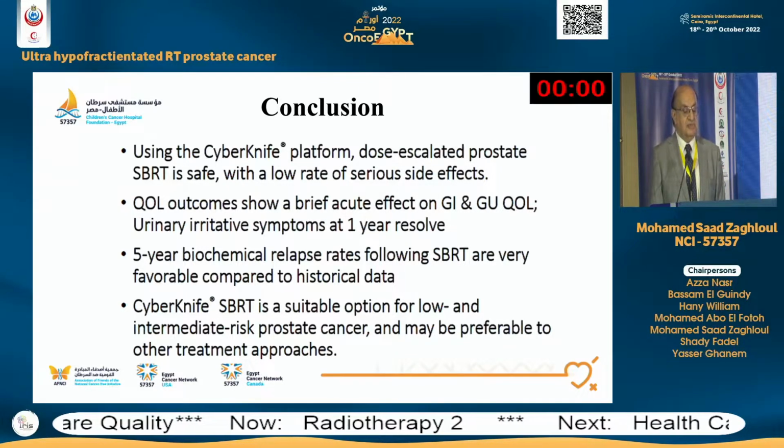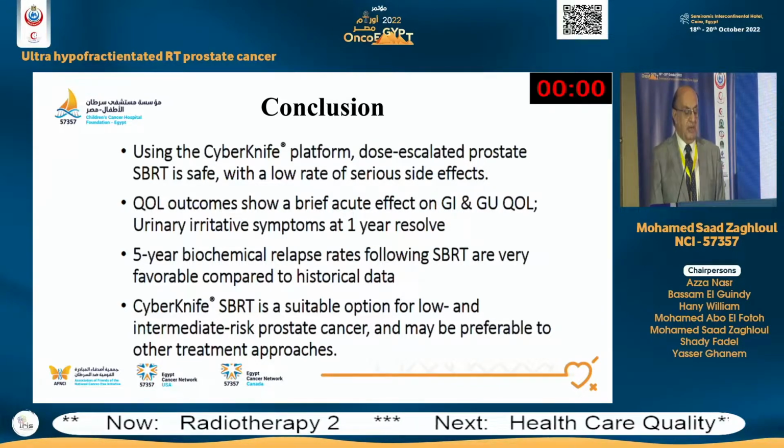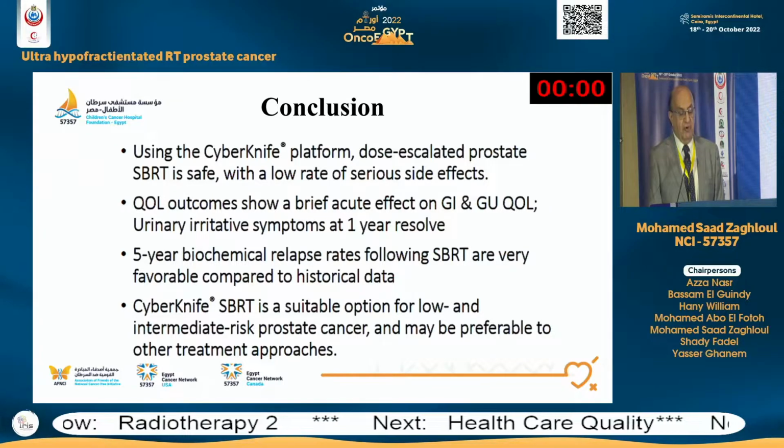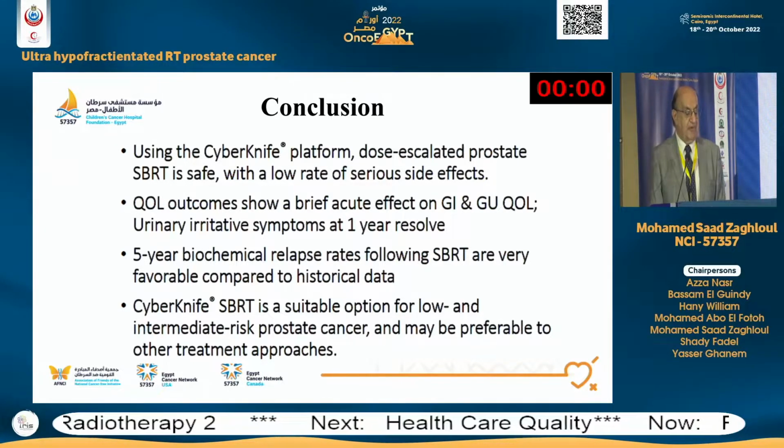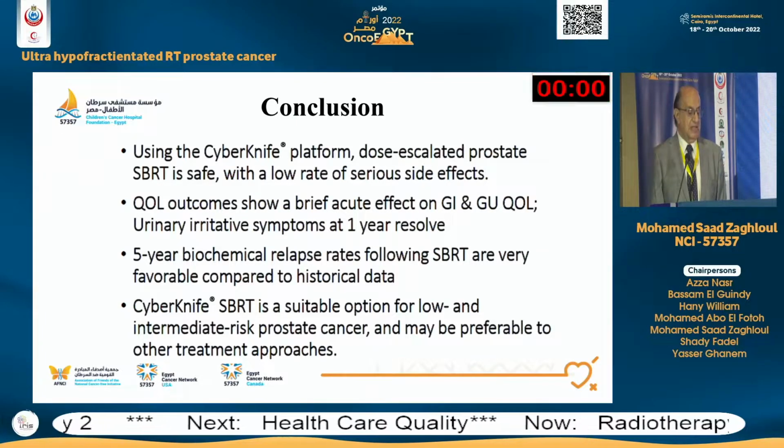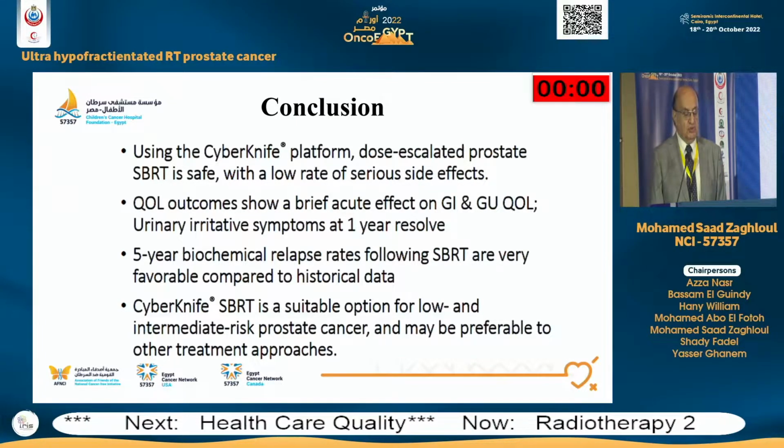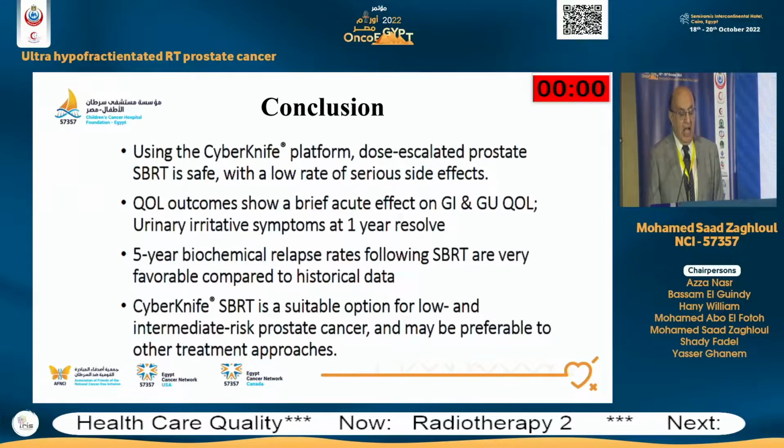Urinary irritative symptoms at 1 year are completely resolved. Five-year biochemical relapse rates following SBRT are very favorable compared to historical data. CyberKnife SBRT is a suitable option for low and intermediate risk cancer.